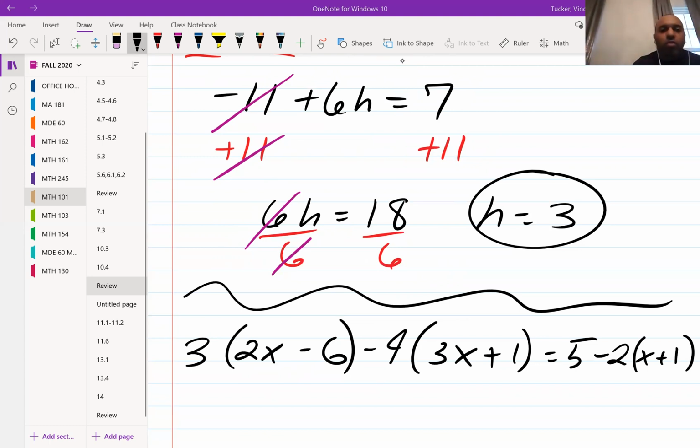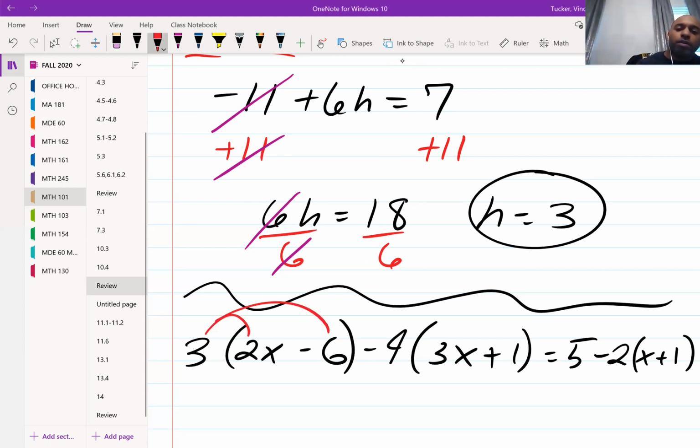All right, so here we have 3 times (2x minus 6) minus 4 times (3x plus 1) equal to 5 minus 2 times (x plus 1). So we want to distribute first.